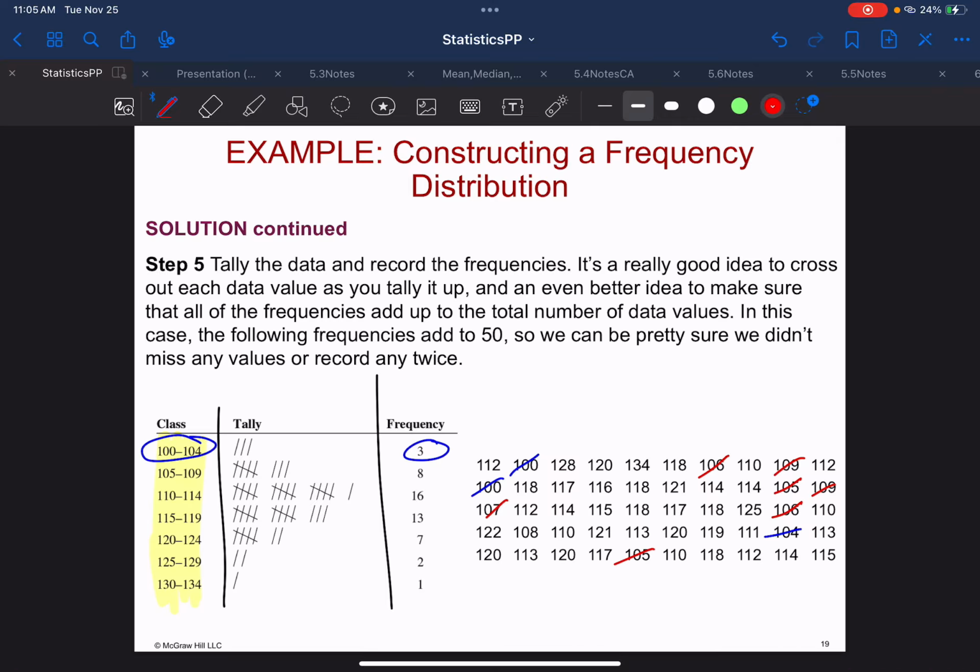So that's 1, 2, 3, 4, 5, 6, 7, and there's actually one more, 108. So that is 8. Just making sure. I think there was a typo on here earlier, but I don't think that was it. Okay, so that's the 8, because 8 fell in between that range. And then you keep going for all the rest.